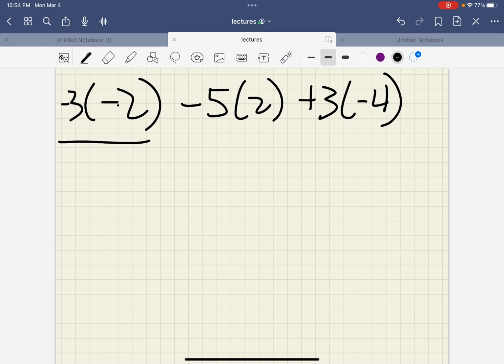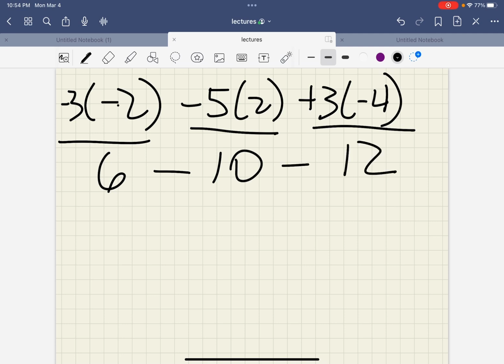It's that multiplication, and that multiplication. And then we'll just add the result. So negative 3 times negative 2 is positive 6. Negative 5 times positive 2 is negative 10. And positive 3 times negative 4 is negative 12.